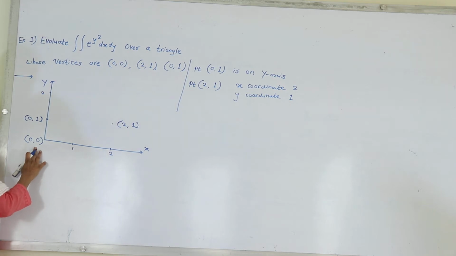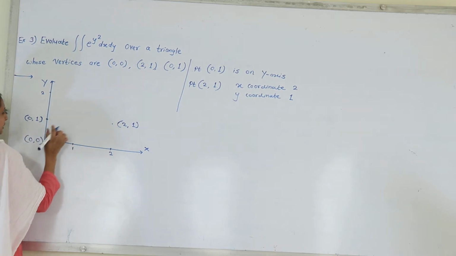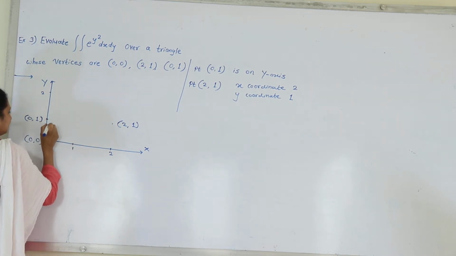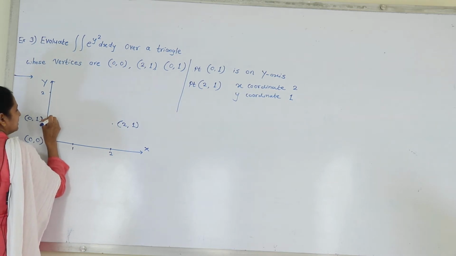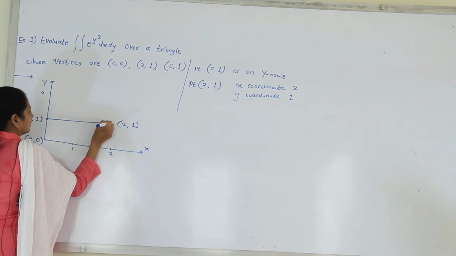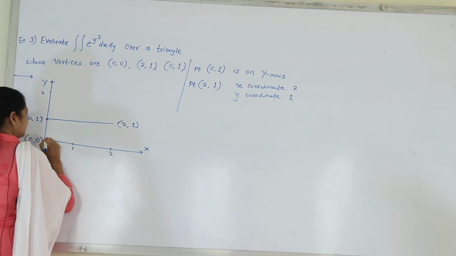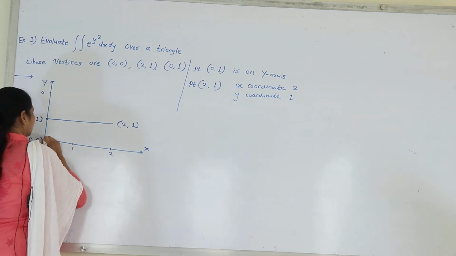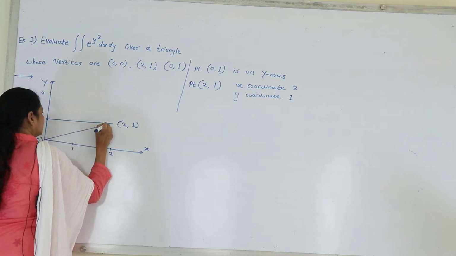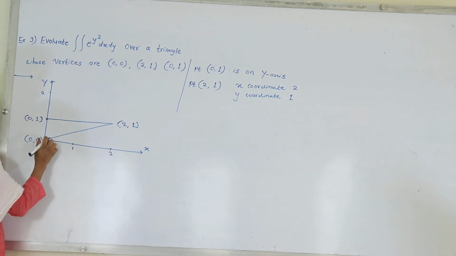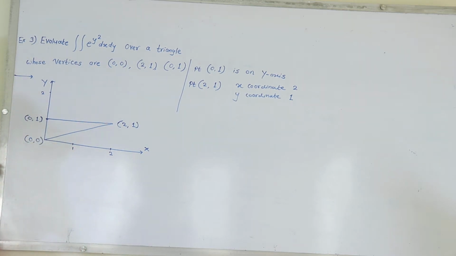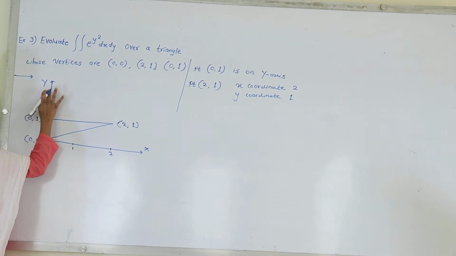Join (0, 0) and (0, 1), and (2, 1) by straight lines, and (0, 0) and (2, 1) also by a straight line. This is the region of double integration. This 2 is not needed here.